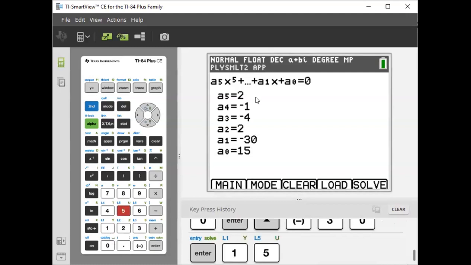So I'm just eyeballing to make sure I typed that all correctly. This is example 5 on 8.4 that we were on.